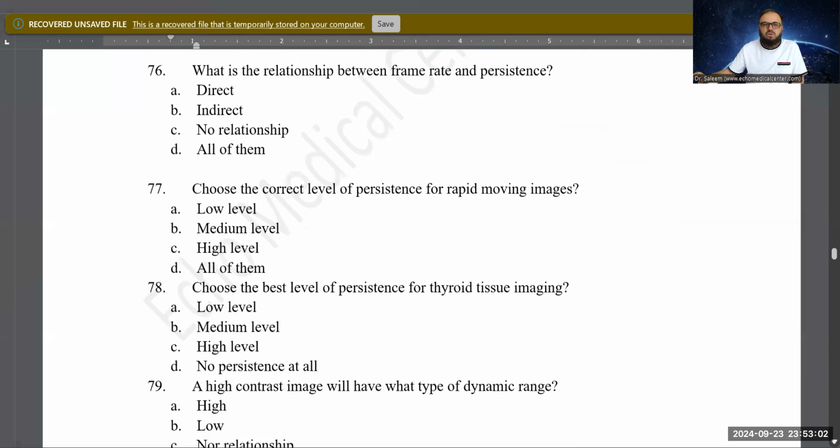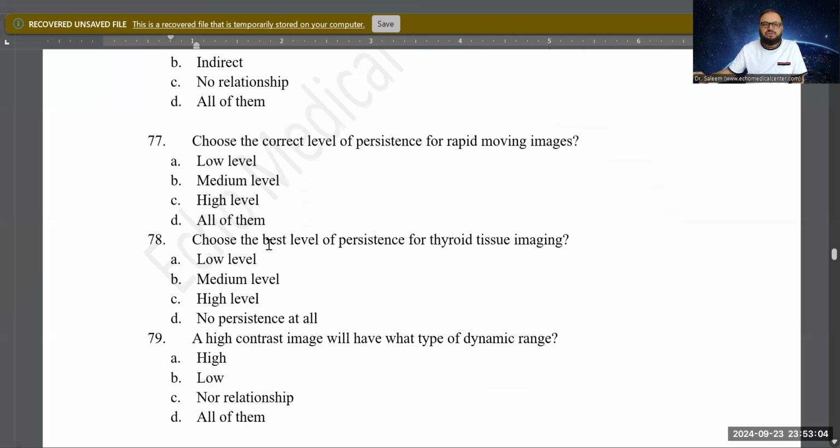Okay, so this question is asking to choose the correct level of persistence for rapidly moving images. When you're scanning rapidly moving structures, what do you think? What is the persistence for them? Is it low level persistence? Is it medium level, high level, or are all of them equal? What do you think?